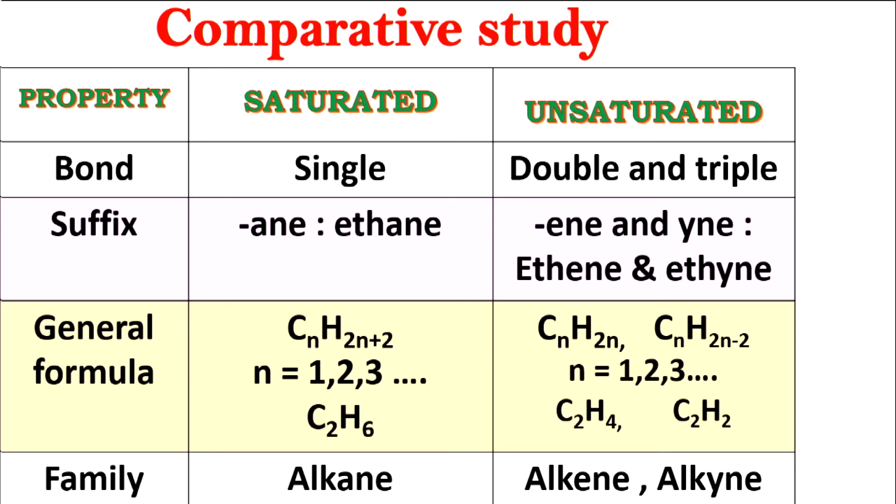Saturated hydrocarbons have ANE at the end. So, ethane, propane, butane, ANE. Unsaturated ones having a double bond, their name ends with ENE, example ethene, propene. Then triple bonds are seen in alkynes, their name ends with YNE, ethyne.